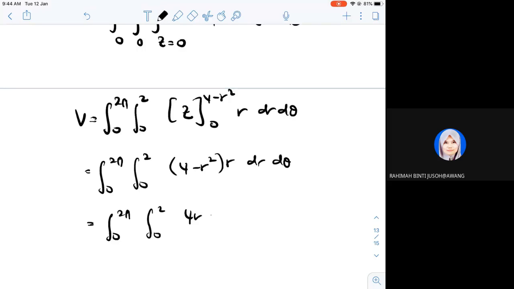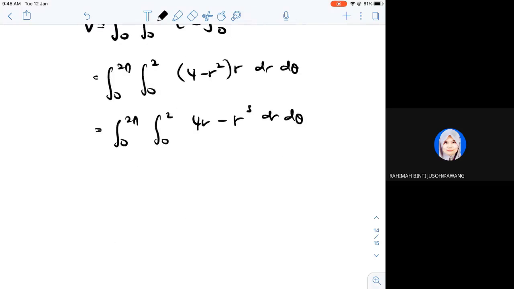So 4r minus r cubed dr d theta. Okay, now we can integrate this. We will have 0 until 2 pi. So 4r dia jadi 2r squared lah, r kuasa 2 bagi 2 kan. Minus r to the power of 4 over 4, 0 until 2, d theta.